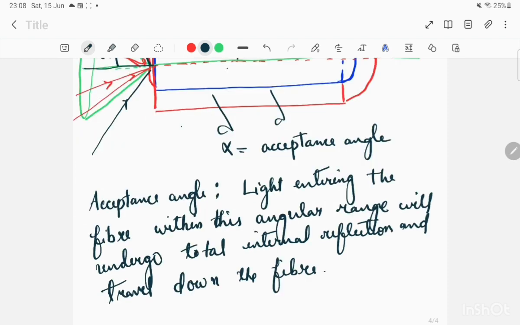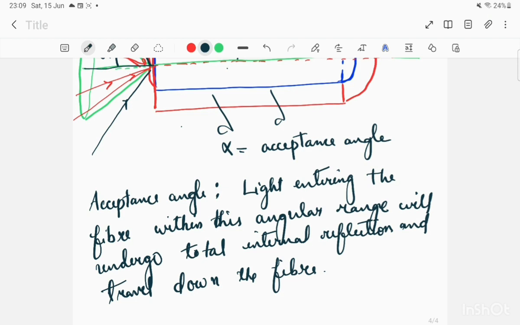So summarizing, for proper transmission through an optical fiber, light must enter within the acceptance angle. Light entering the fiber within this particular angular range will definitely undergo total internal reflection and travel down the fiber.